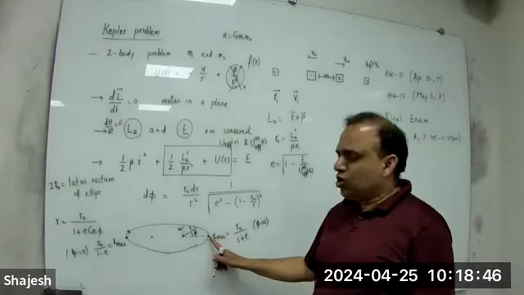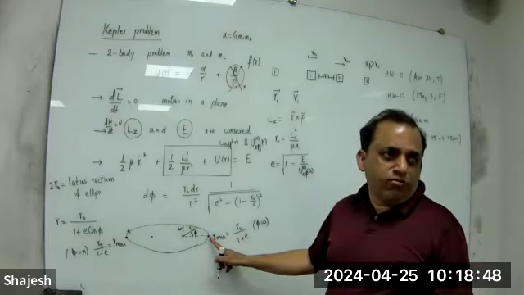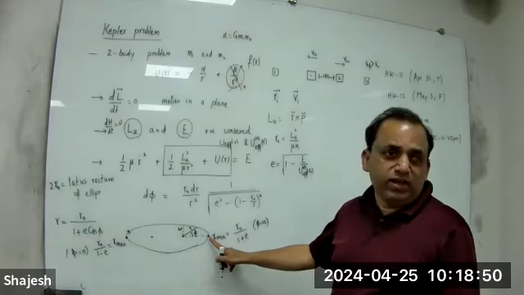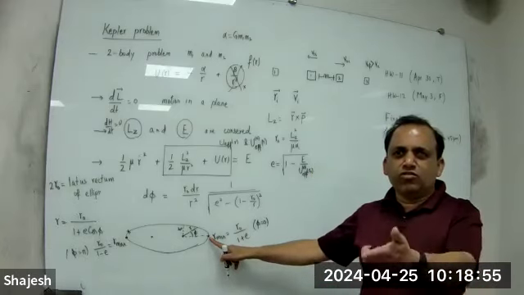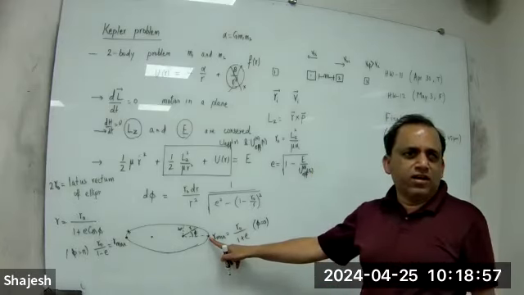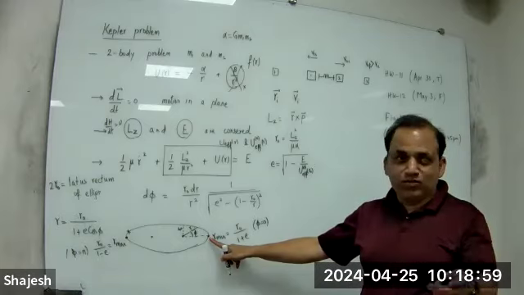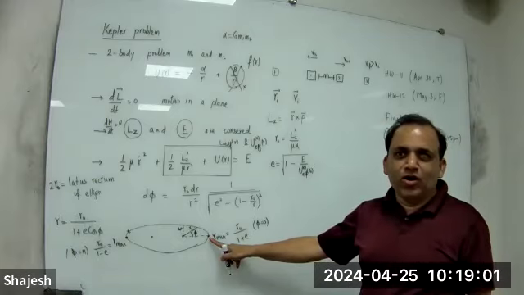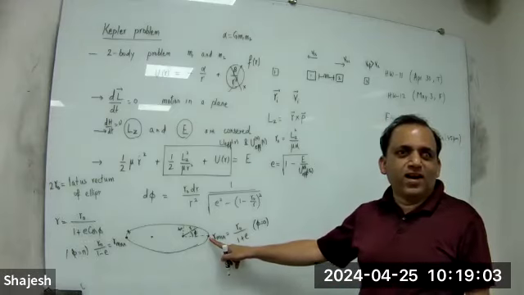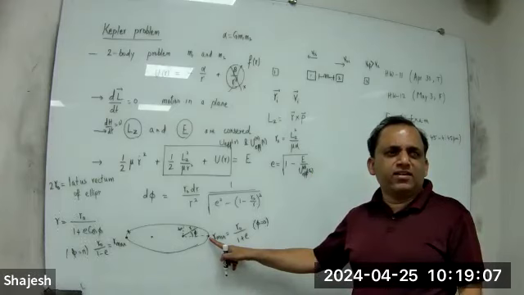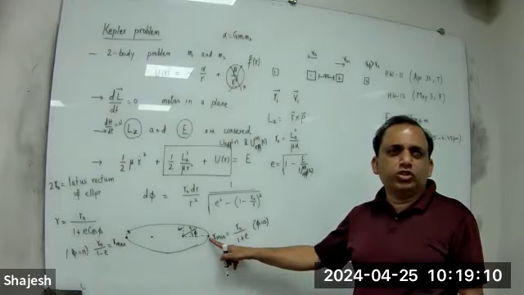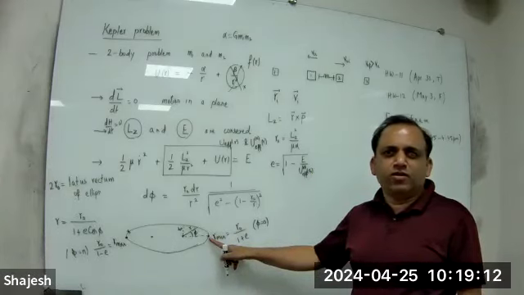Perihelion is the closest point of our orbit. So when the Earth is closest to the sun, I think that was a question asked last time. That's a quiz for you. I don't know whether it is June or December. It could be January 2, I guess. No, it won't be January. It is either December 21st or June 21st, one of those.